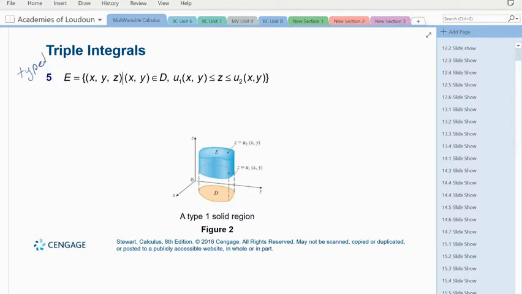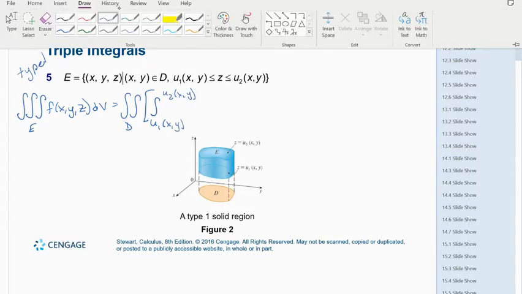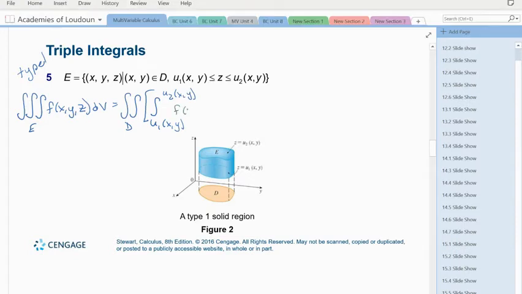Then we can define our triple integral over the region E as the double integral over region D of the single integral evaluated from u sub 1 of x, y to u sub 2 of x, y of our function.